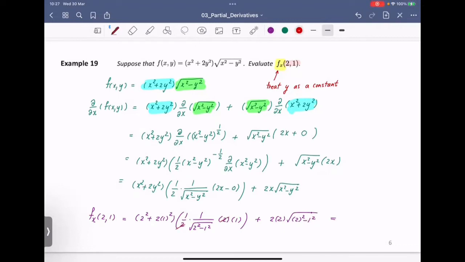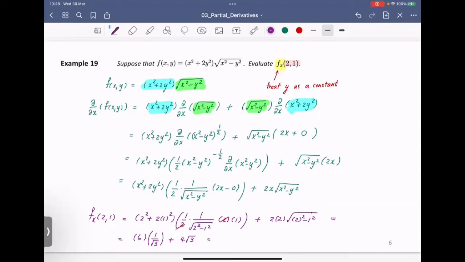So 2 cancels 2 here, and the first term is 4 plus 2 is 6, right? This term is 1 over square root 3, and the last term is 4 times square root 3. Wow, a bit crazy, you know.